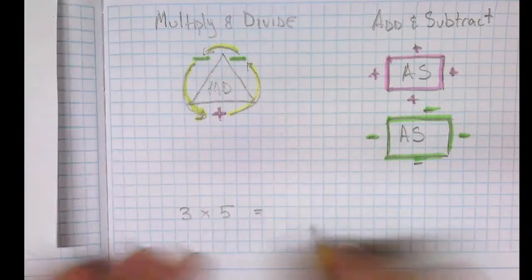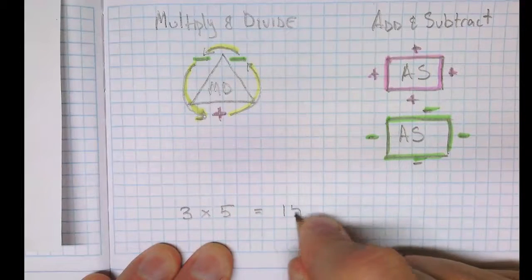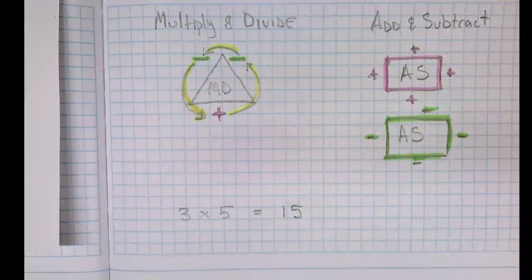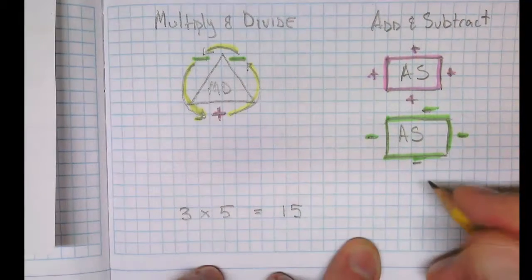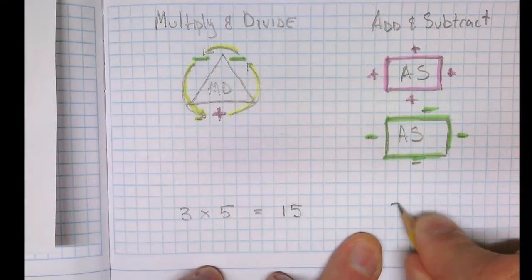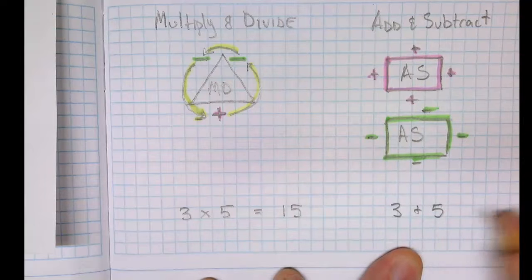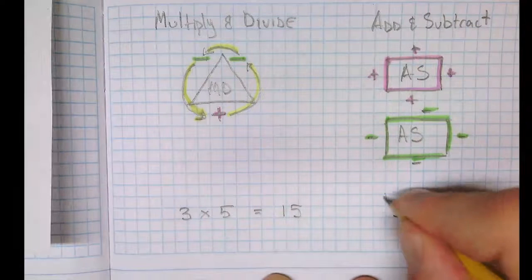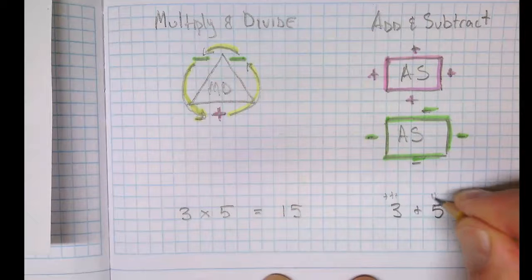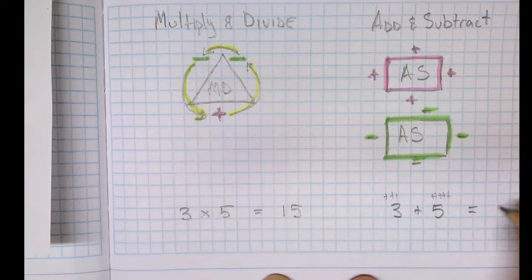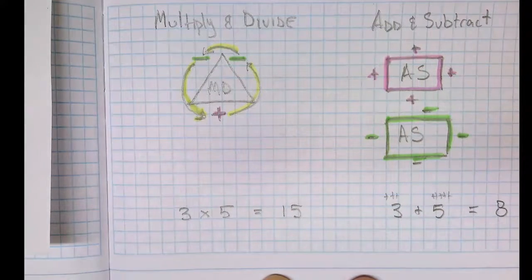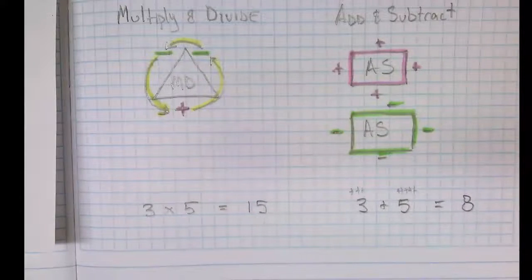We just multiply 3 times 5 and we get 15. So I don't need any of these rules to help us for that. And the same if I were adding a 3 and a 5. So instead of multiply, we'll add. And I can see here I've got 3 positives and 5 positives. I have a total of 8. 3 plus 5 is 8. Nothing new there. We knew all of that.